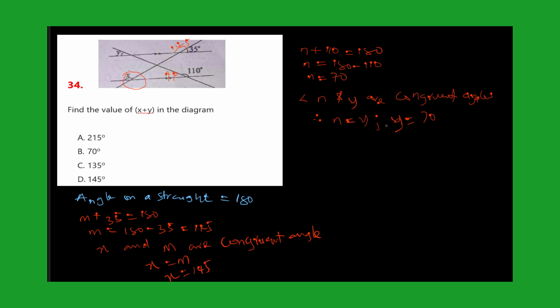Now let's go to the question. We have to find the value of X and Y. So X and Y will be 145 plus 70. The final answer will be 205 degrees. So option A is the correct answer.